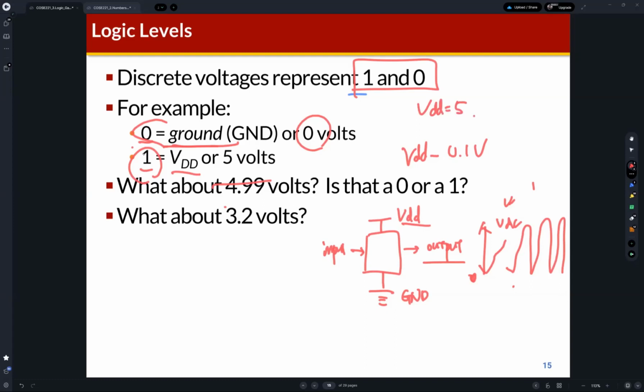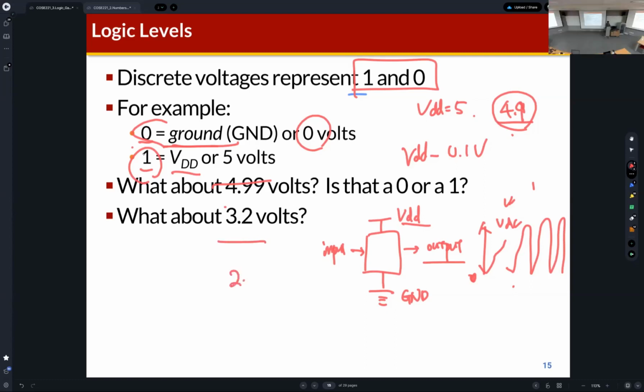If the level is 4.9, VDD minus 0.1 volt, how can we represent this value as a digital signal? And how about 3.2 volt, or 2.5 volt, half of VDD?